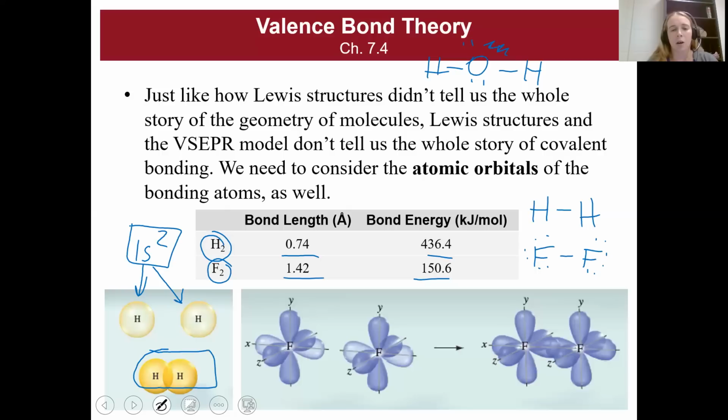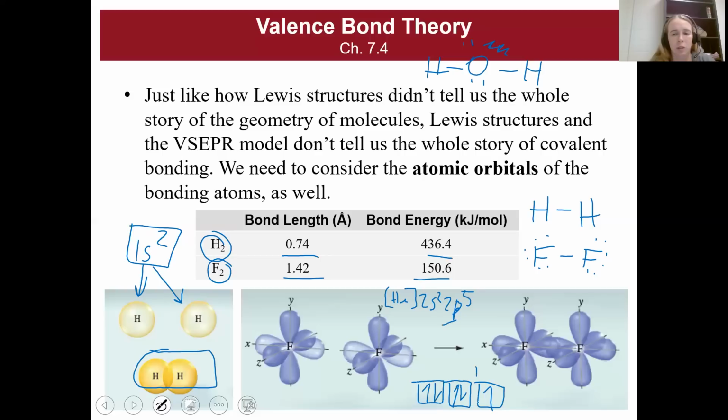Fluorine and fluorine, on the other hand. If we remember fluorine's electron configuration, it was [He] 2s2 2p5, so you should refresh your memory on that. 2p5 means we have two pairs of electrons and one by itself, because we can't fill those p orbitals with only 5.